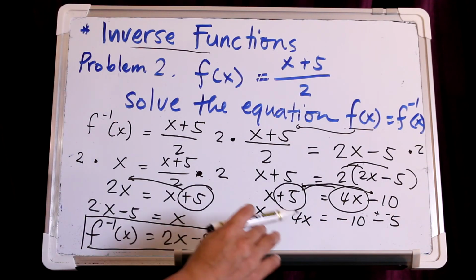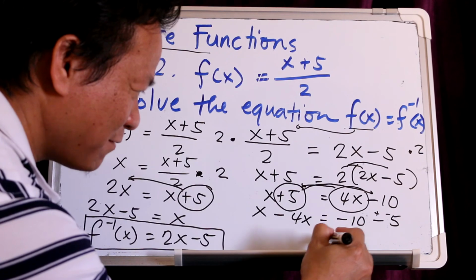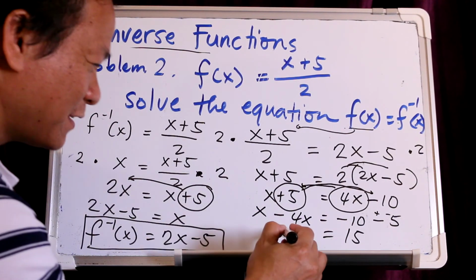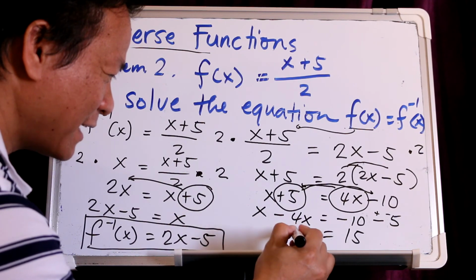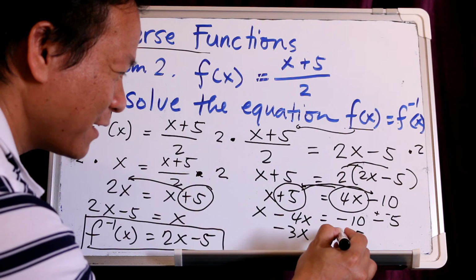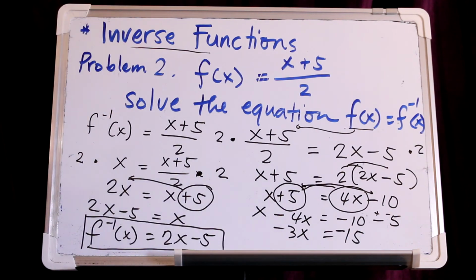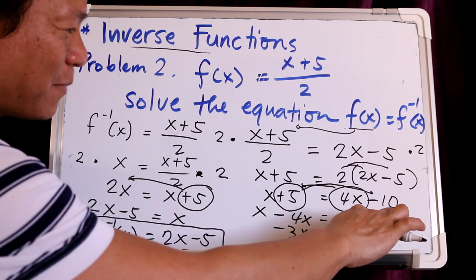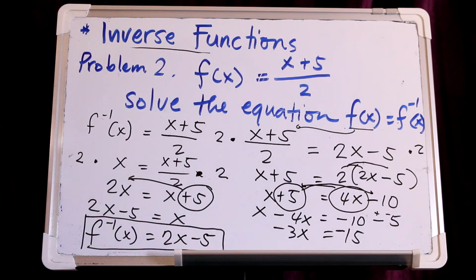Right. So I'll have 15 here, and then I'll have 3x here, minus 3x. Then this, by the way, is also minus here, because you have minus 10 plus minus 5. So it's a minus 15. Then divided by 3. Okay, so where can we write the answer?